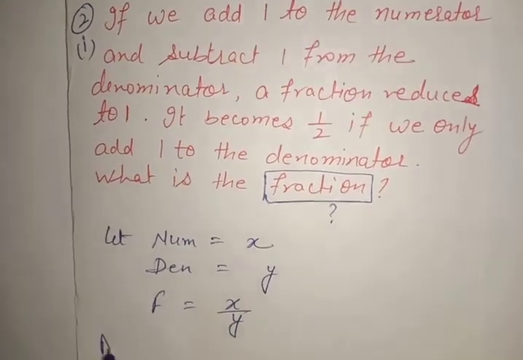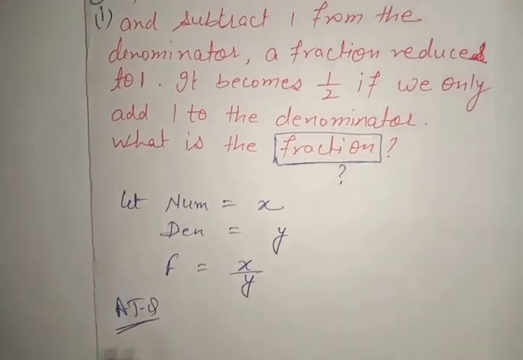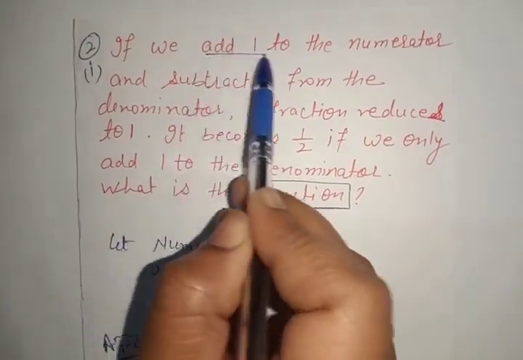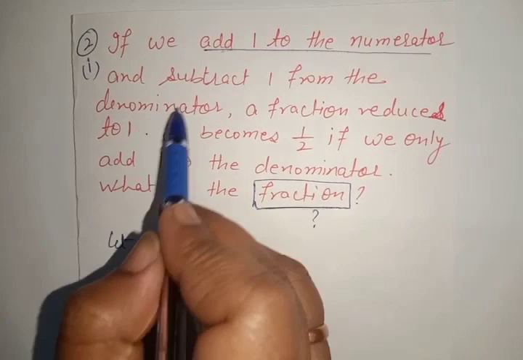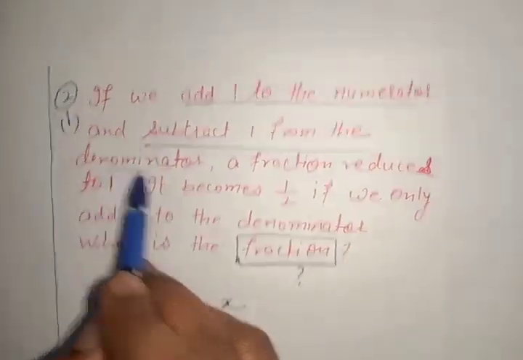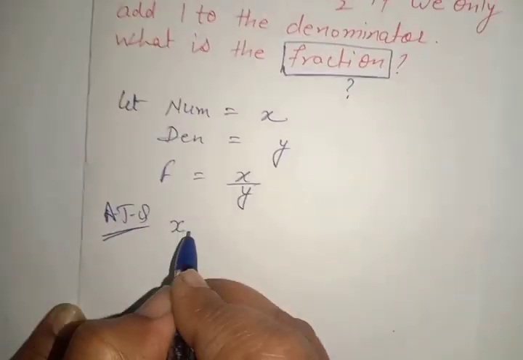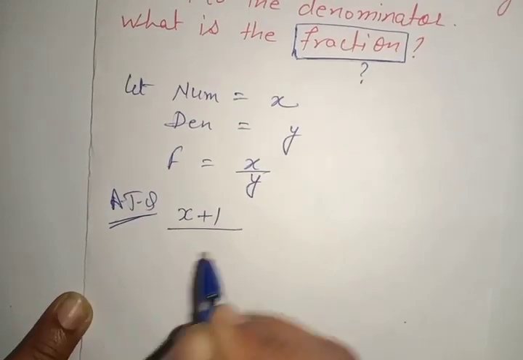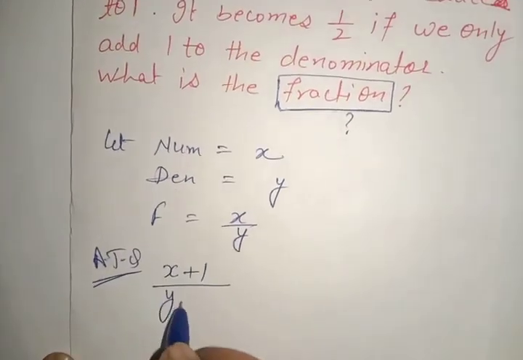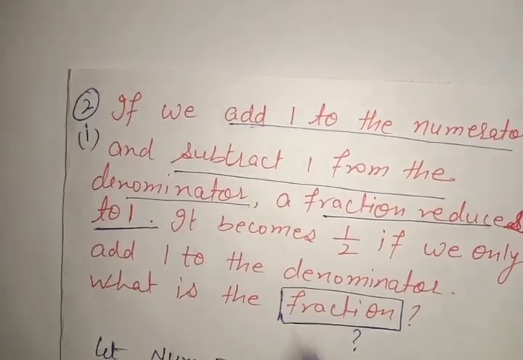Now according to the question, the first statement says if we add 1 to the numerator and subtract 1 from the denominator, it reduces to 1.